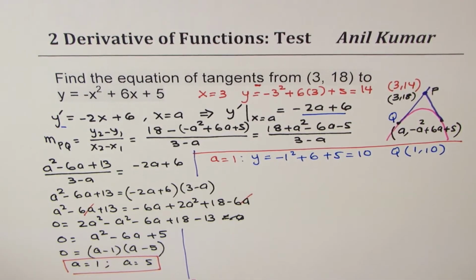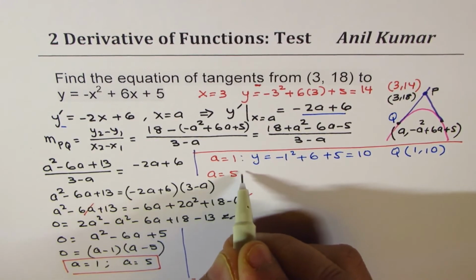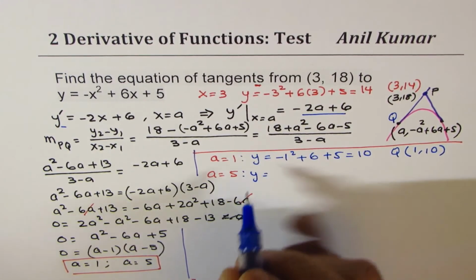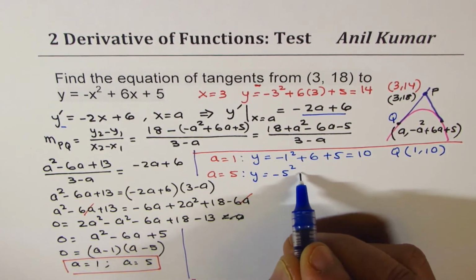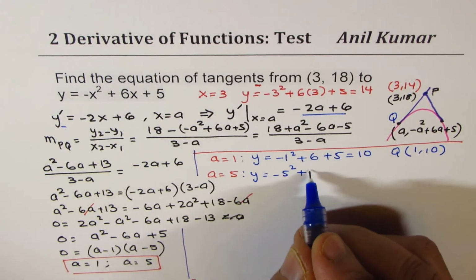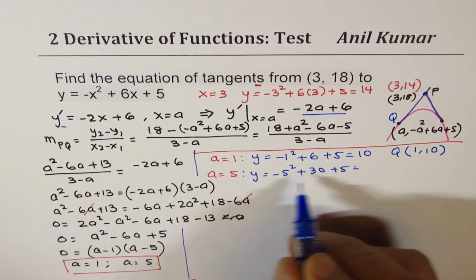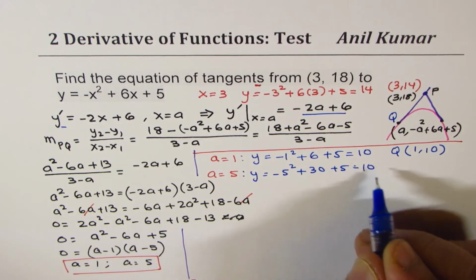The other point we'll try with value of a equals to 5. So if a equals to 5, in that case, y will be equals to minus 5 square, which is 25, plus 6 times 5, which is 30, plus 5. So it is 35 take away 25, and that is also 10.